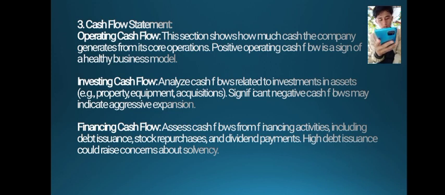Next, investing cash flow. Analyze cash flow related to investment in asset. Example, property, equipment, acquisition. Significance, negative cash flow may indicate aggressive expansion. So, investing cash flow, mao ni ang section of cash flow statement that shows the cash generated or expense or imong nagasto relating to investment activities.